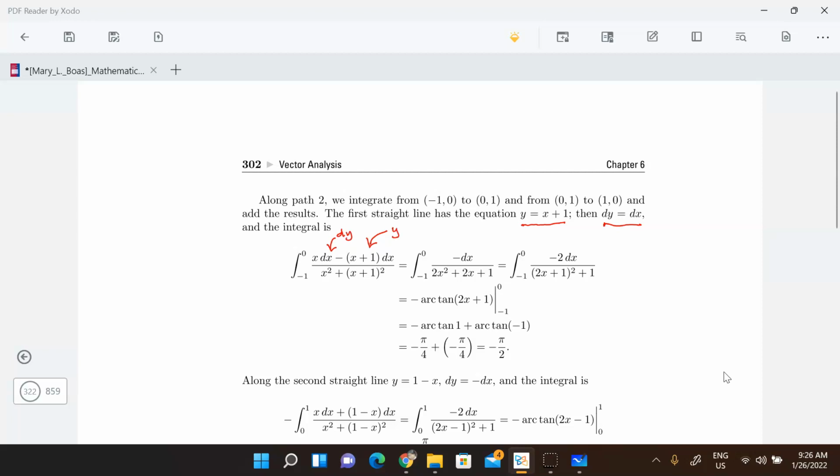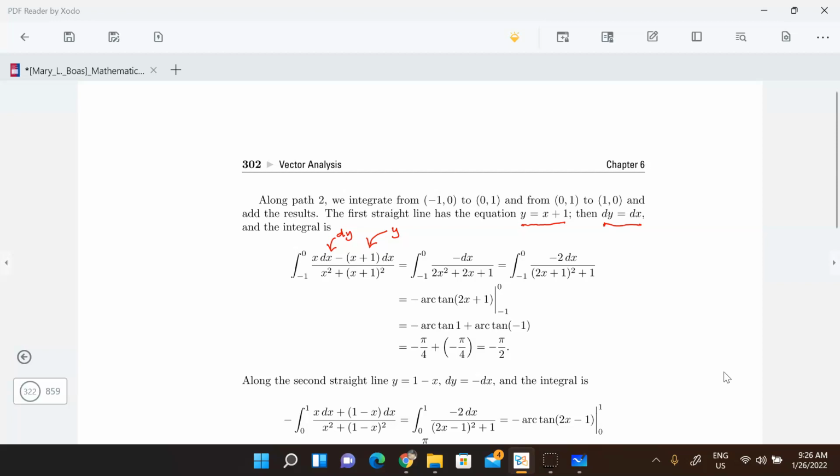Then you simplify this, and you get a slightly tricky integration to look at. Because you have this squared term in the denominator, one could look up the table of integrals, but if you don't have access to a table of integrals, you can always go back to the basics.